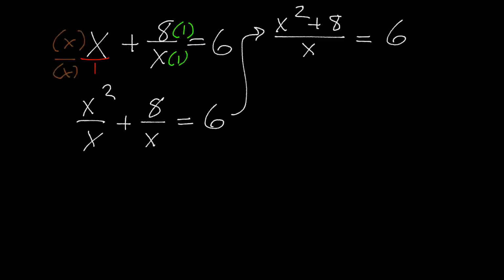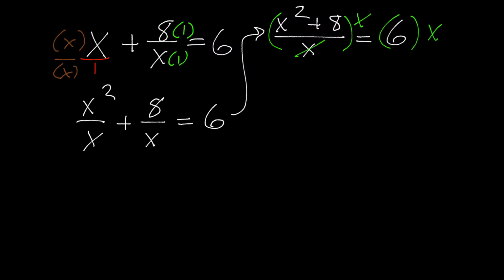Now we have x's in two different places here. This is an x squared, this is an x. And if we're going to solve these rational equations, we don't want the x's in the denominator. So what we're going to have to do is multiply both sides by that denominator, by x, so that we get rid of it.